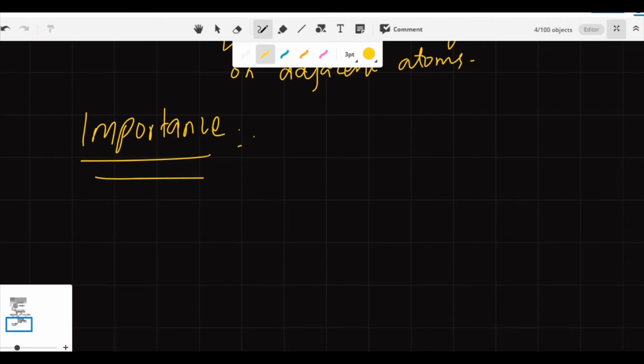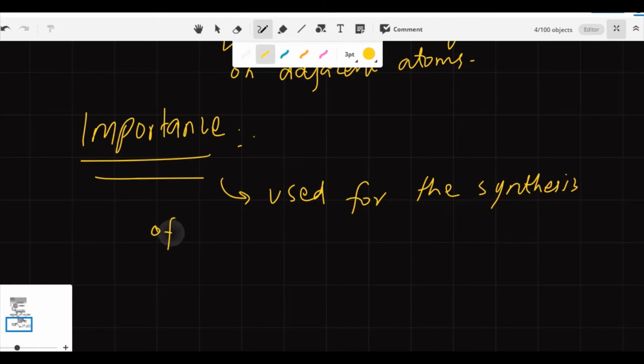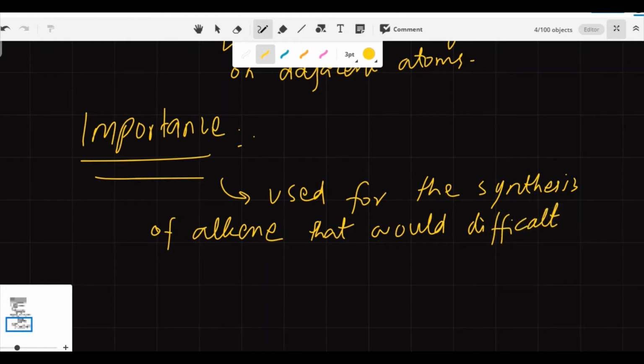So you have to say that it is easily used for the synthesis of alkenes that would be difficult to prepare by other reactions.